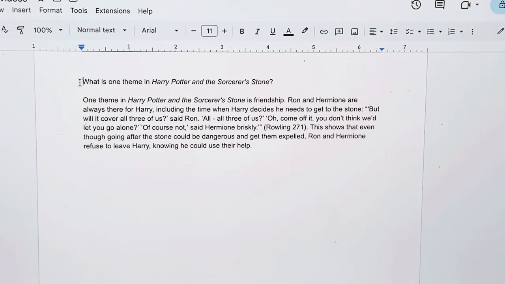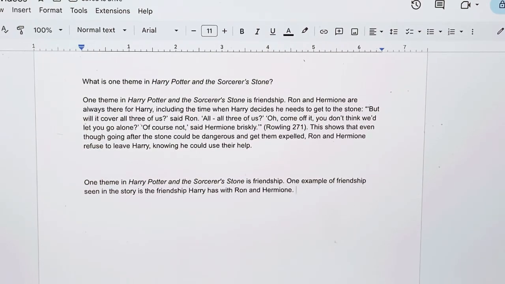Now, I'm going to keep the topic sentence the same because I can simply add other examples of friendship after it. So I'm simply rewriting the topic sentence that I had before. One theme in Harry Potter and the Sorcerer's Stone is friendship. And now I'm going to add a sentence that introduces Harry's friendship with Ron and Hermione as my first example.